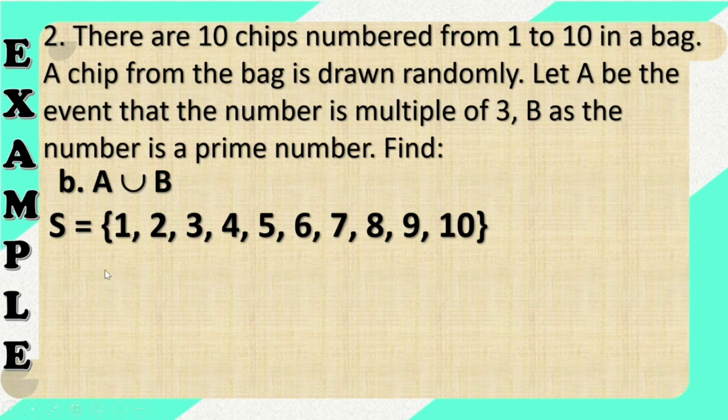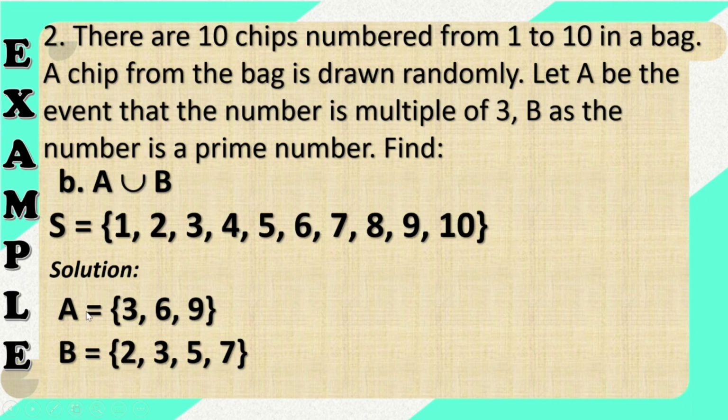And the same goes for the elements of event A and event B. So, we are going to find the union of events A and B. So, we just combine the elements of event A and event B. Again, we only write a common element once if the two events share it.